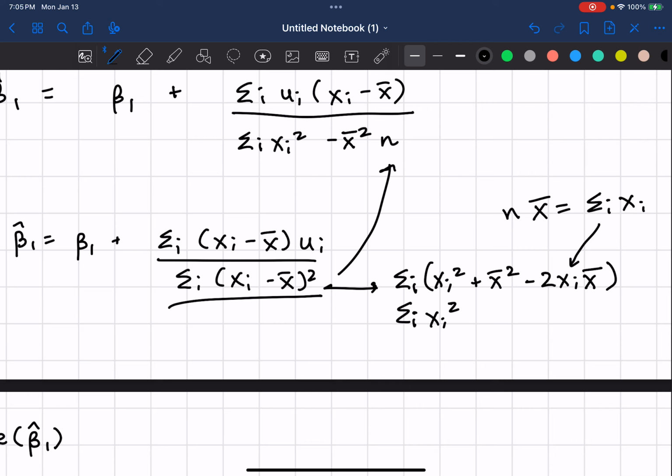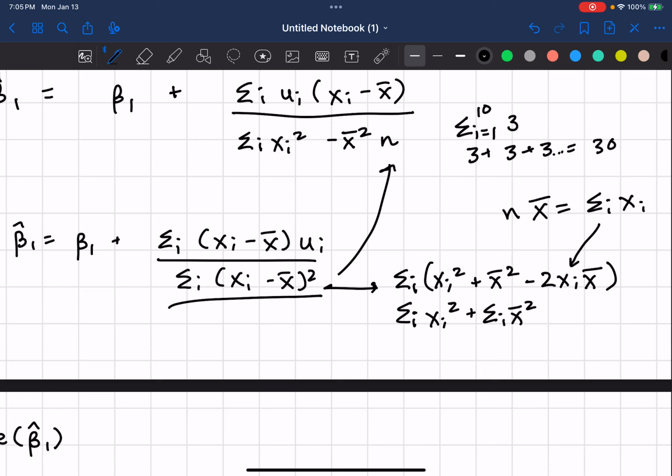So here, this term just stays sum I xi squared, and then plus sum I x bar squared. And x bar is of course just a constant, and x bar squared is a constant. So if I said sum from i equals 1 to 10 of 3, that means we sum 3 10 times. So that's 3 plus 3 plus 3, 10 times. So that'll be 30.